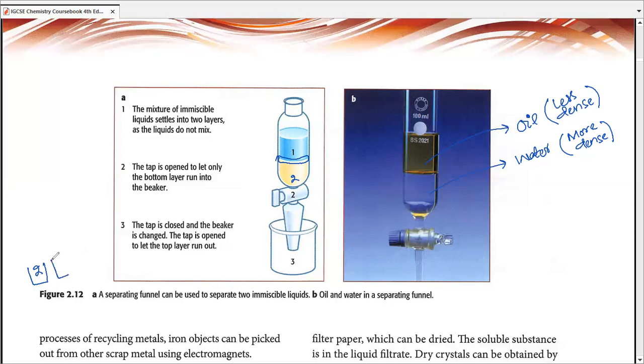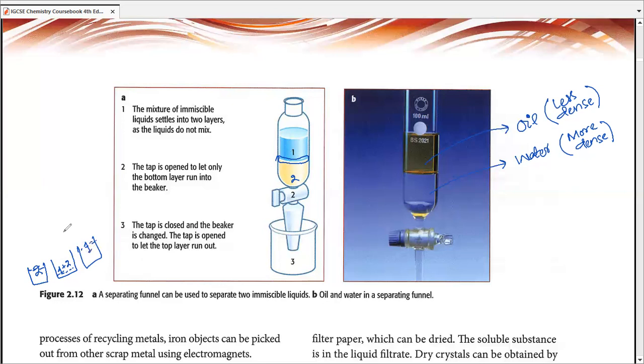So in the next beaker, you would have a very small amount of solution 1 plus 2, since you only had the middle portion of both the layers run into this beaker. That's easy. Close the tap, put a new dry beaker, and take out all of solution 1, fill it up. There you go. You have done it like this.